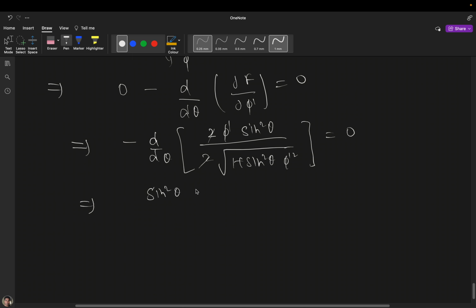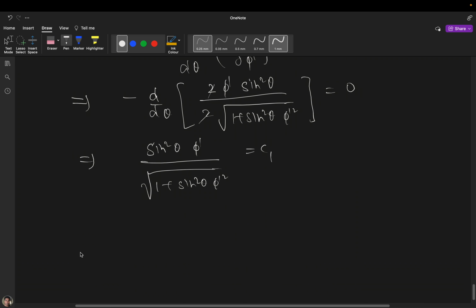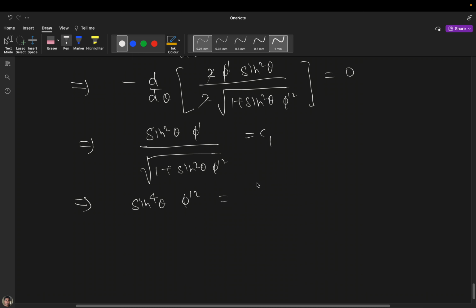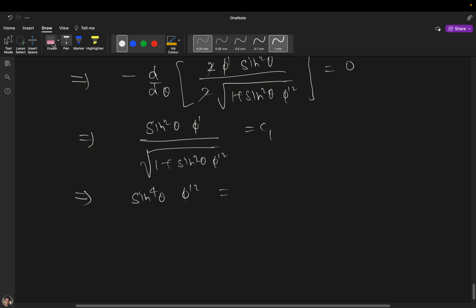Here 2 will be cancelled out, and it will become sin square theta phi dash divided by the square root of 1 plus sin square theta phi dash square, equal to c1. I will square both sides, so it will become sin raised to the power 4 theta phi dash square. I will take this as a constant k, not c1, because later we will use c1.